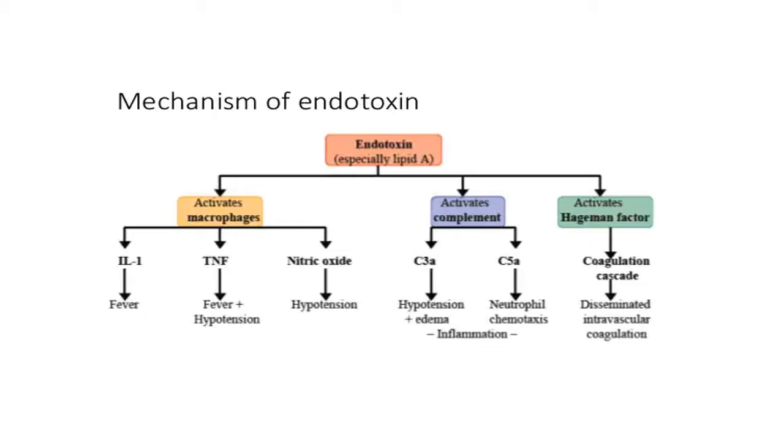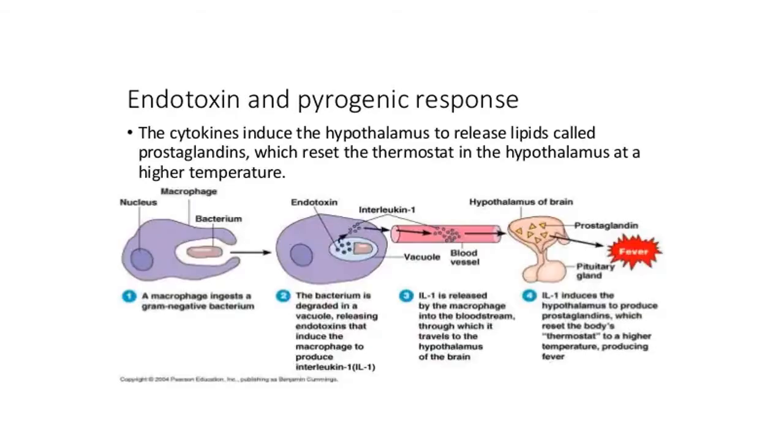Now we will discuss the mechanism of endotoxin. How does it act? Actually, the endotoxin, that is lipid A, will produce macrophage activation, and a lot of macrophages come into play. It can stimulate the release of acute phase cytokines. Which are the acute phase cytokines? Interleukin-1, tumor necrosis factor alpha, interleukin-6, nitric oxide, and the prostaglandins. All these can produce fever.